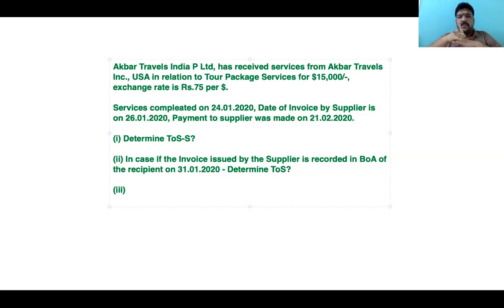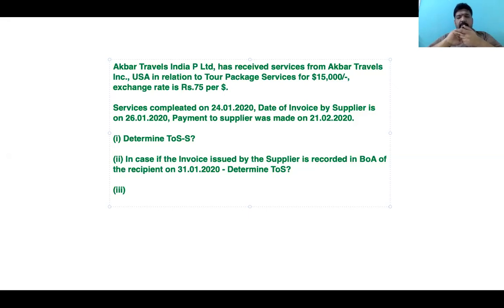Quick, quick, quick. Think about it. Akbar Travels India Private Limited has received some services from its own foreign parent company for which it made a payment.